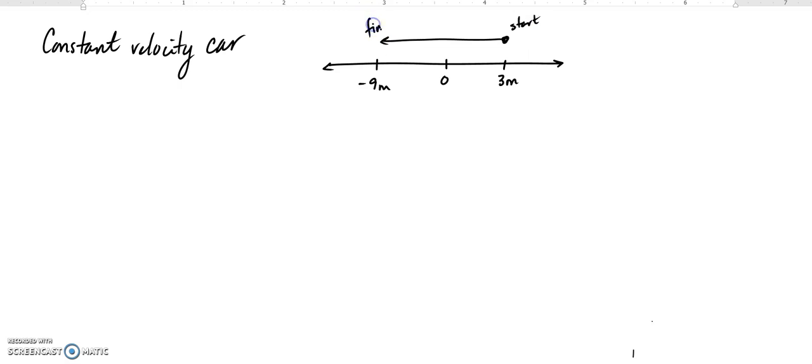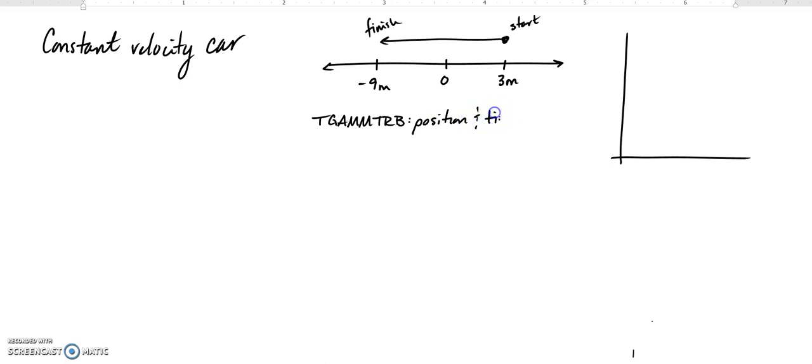So when I make my data table and then plot my graph, remember, the purpose was to graphically and mathematically model the relationship between position and time.